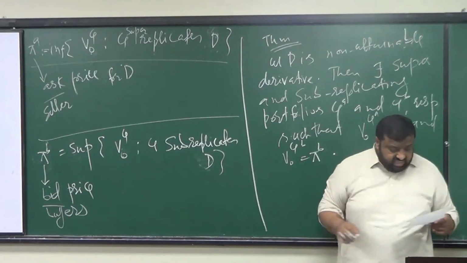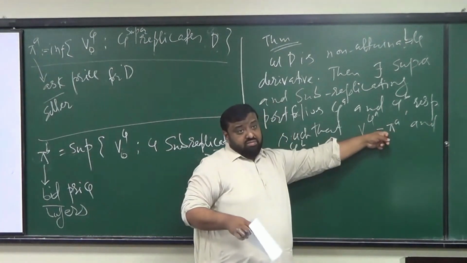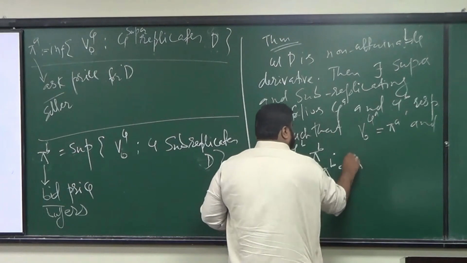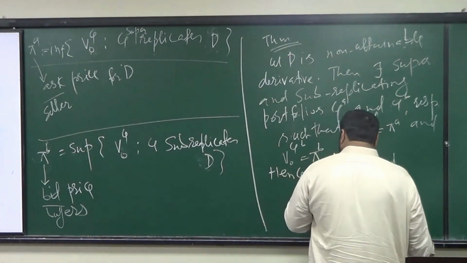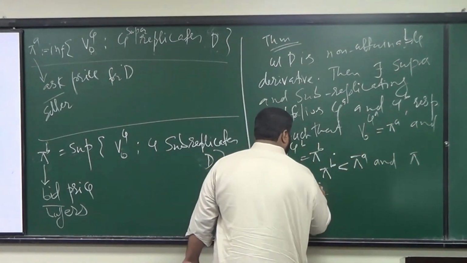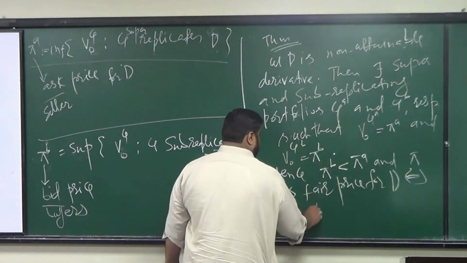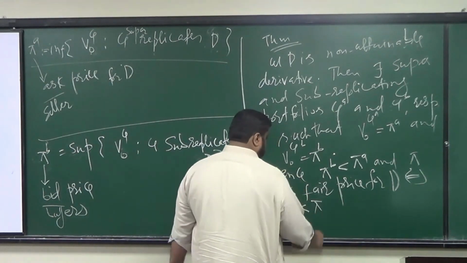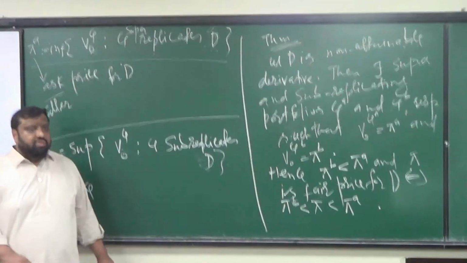Obviously, pi B must be smaller than pi A. The theorem: pi B is smaller than pi A, and pi is a fair price for D if and only if pi is sitting between pi B and pi A. So any price between them is going to be a fair price.